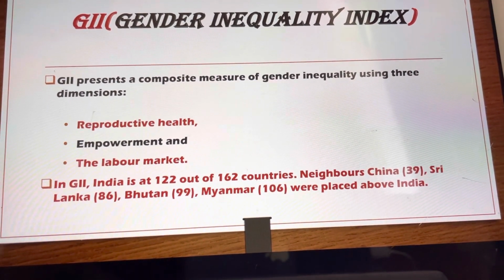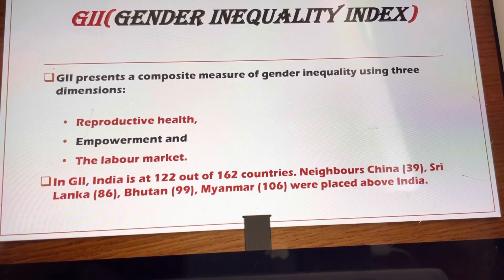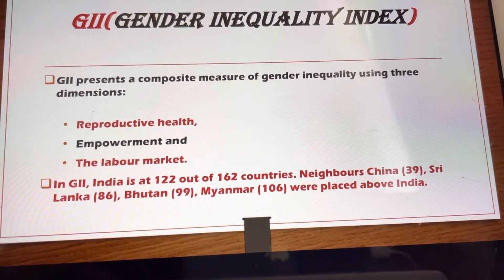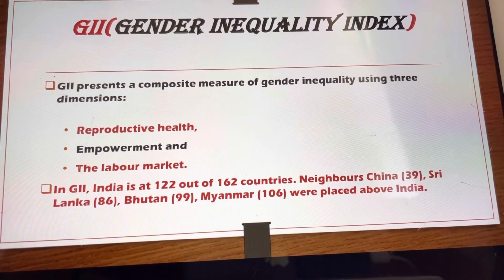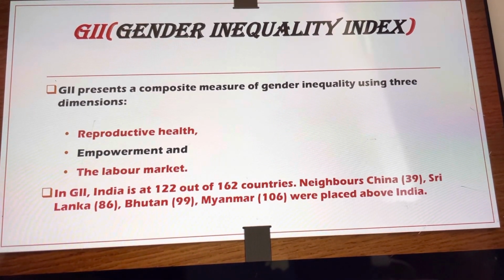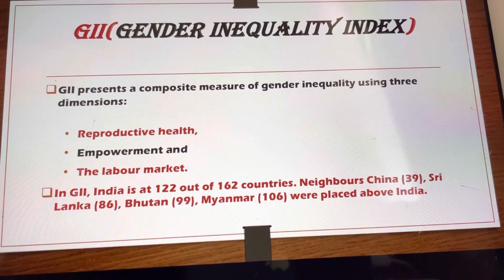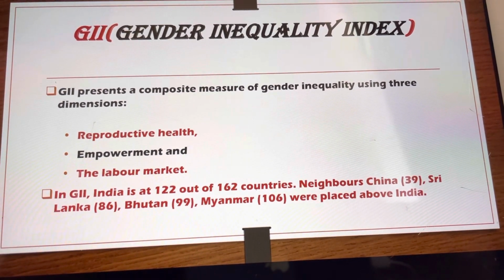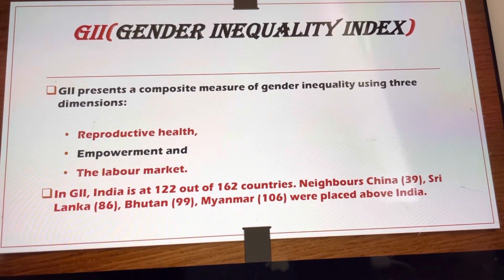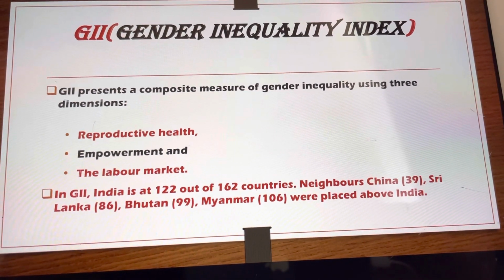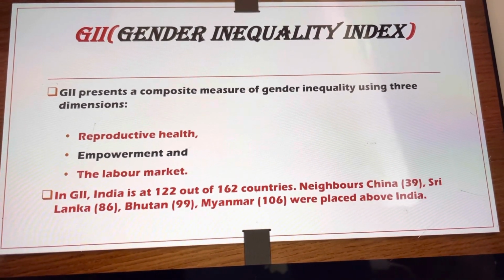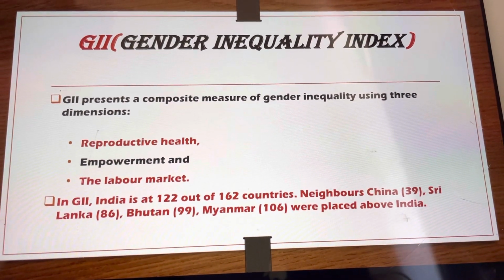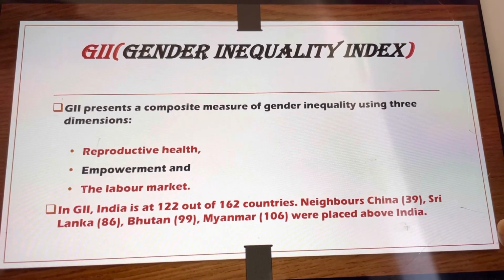On the Gender Inequality Index, India is at 122 out of 162 countries. Neighbors China 39, Sri Lanka 86, Bhutan 99, Myanmar 106 were placed above India. So in this, the rank of India is lower than that of these countries.